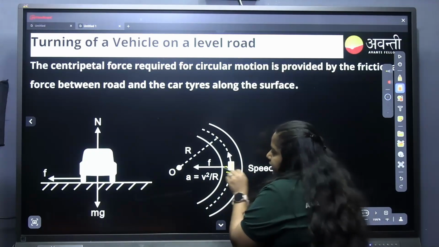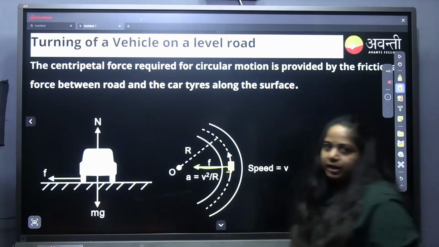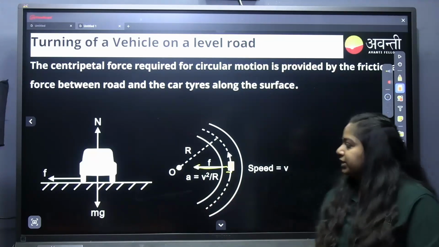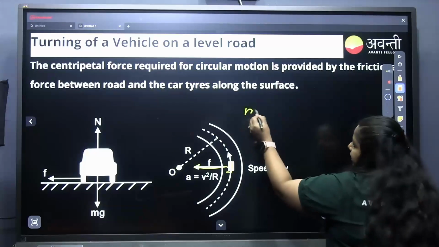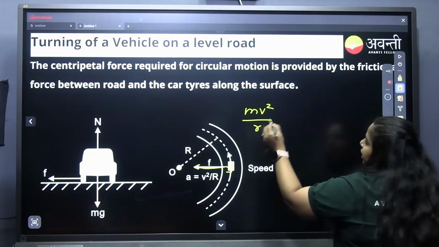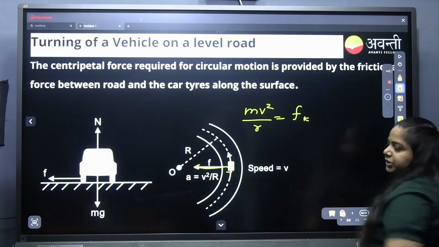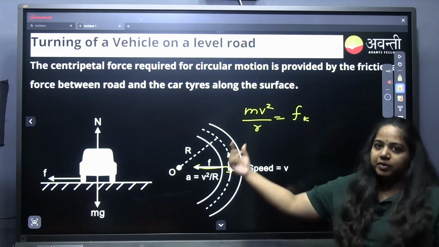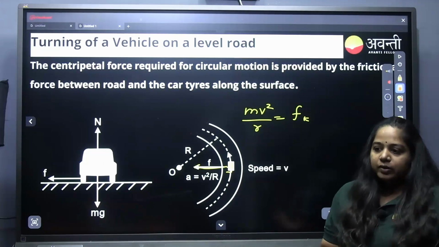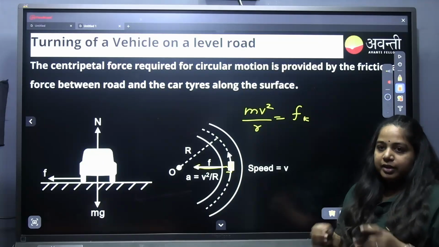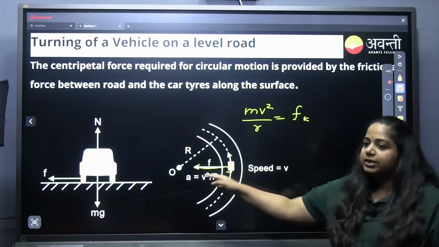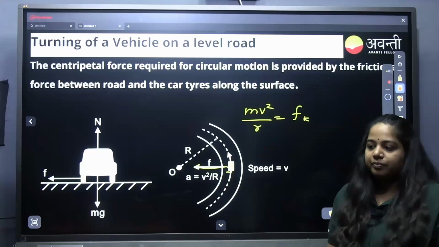So, friction is acting towards the center. So, here centripetal force is equal to frictional force. Then we can see that mv square by r is equal to friction. Okay. And v is the speed of the vehicle. Is this clear now? There is no elevation, nothing is there, only frictional force acting towards the center.